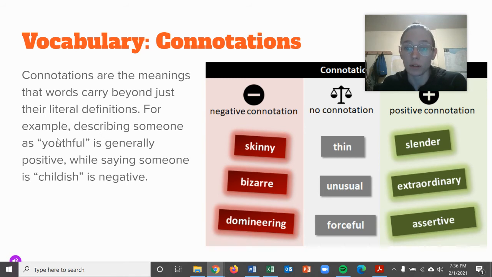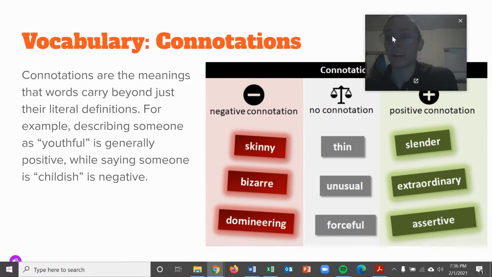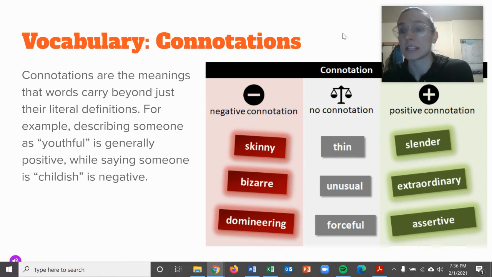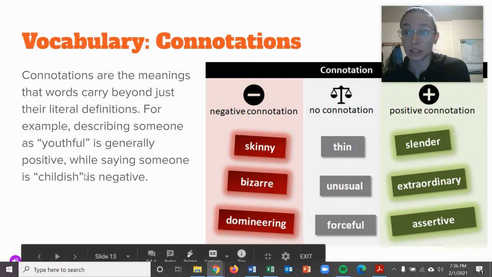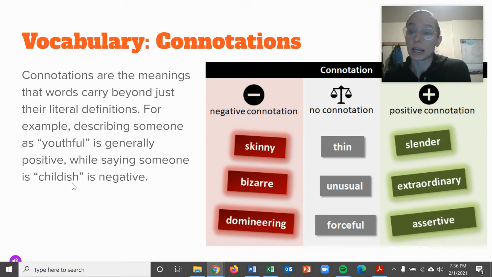For example, describing someone as youthful is generally positive, right? It has a good positive connotation. He's very youthful. While saying someone is childish is negative, right? Oh, he's acting so childish. That's a negative connotation. So even though those words have similar meanings, one has a positive and one has a negative connotation.